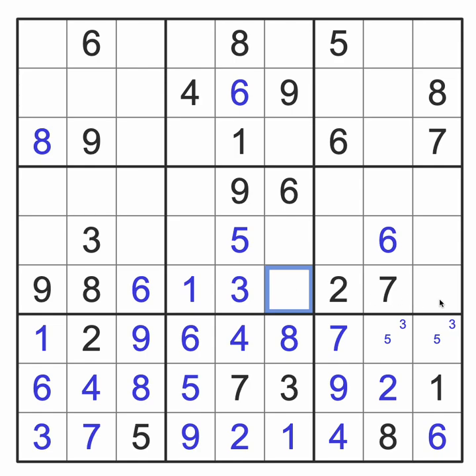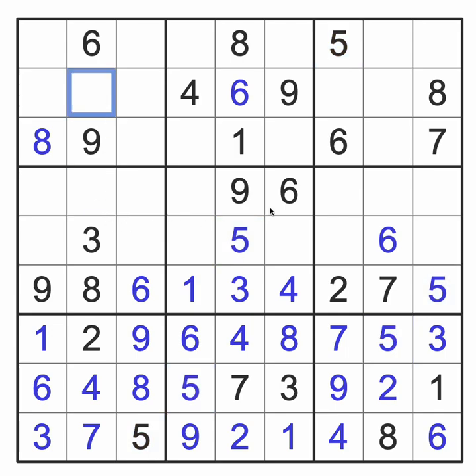These are 4 and 5. And this 5 makes this cell 4, gives me 5. That gives me 3 and 5. These are 2, 7, 8. And these are 1 and 5.